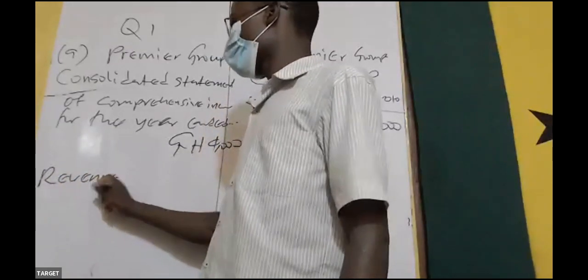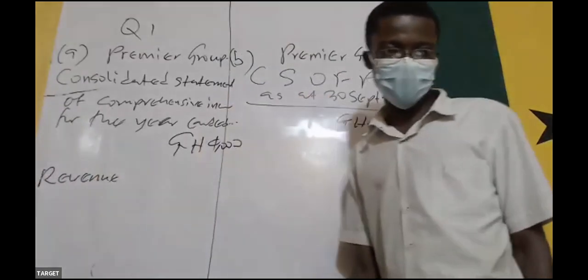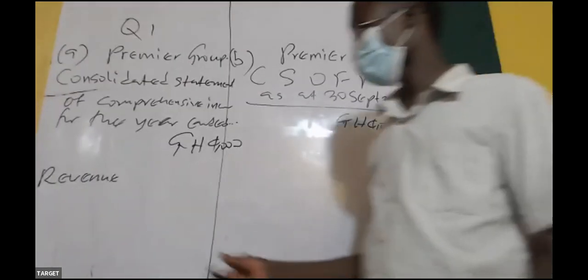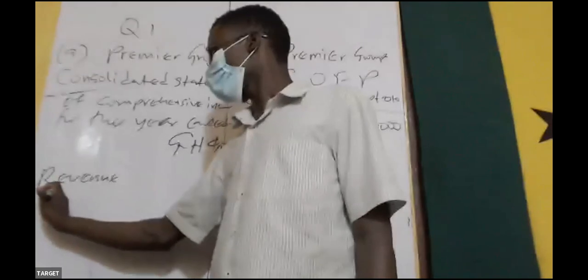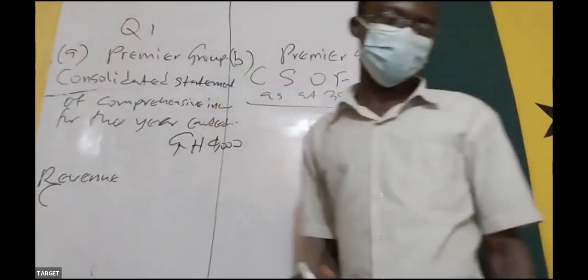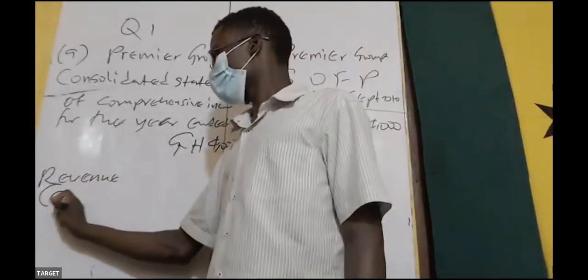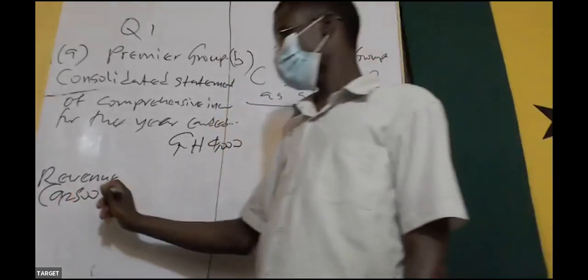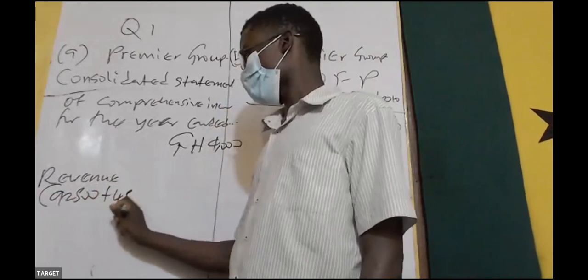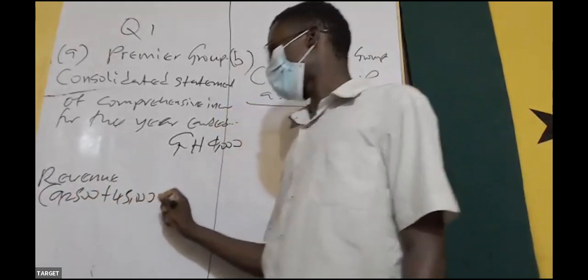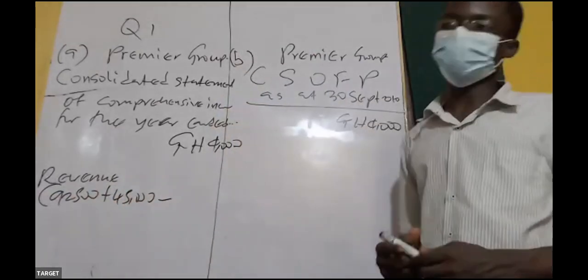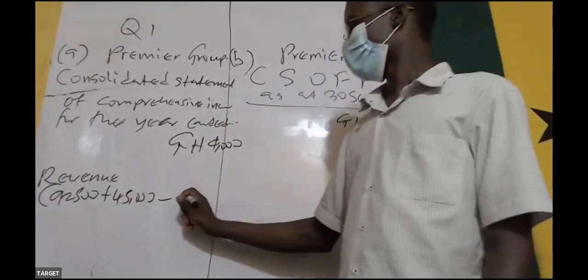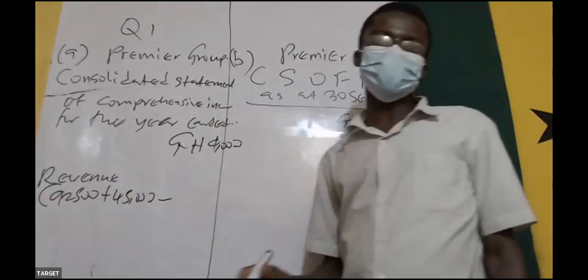Because we have gone through the footnotes already, some of the figures look a bit okay. So parent owned is 92,500 plus subsidiary's 45,000 less the intra-group sales. So that is the 1 million.